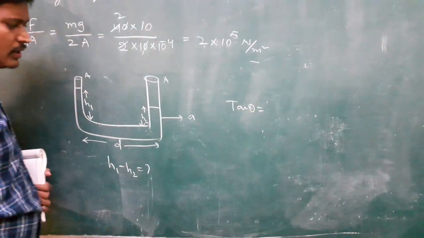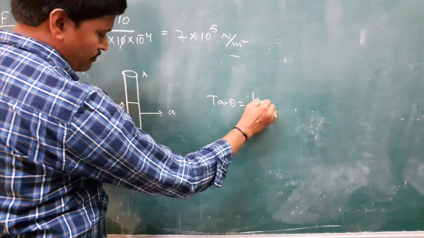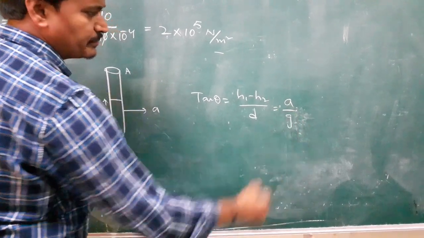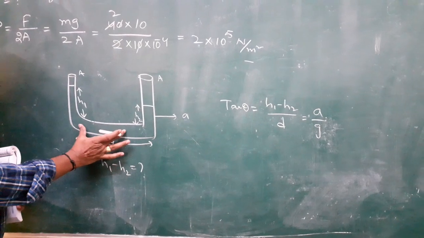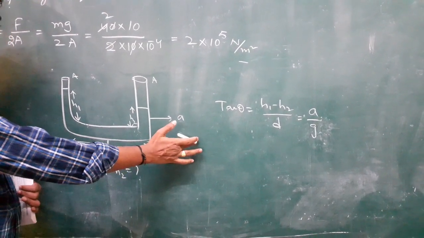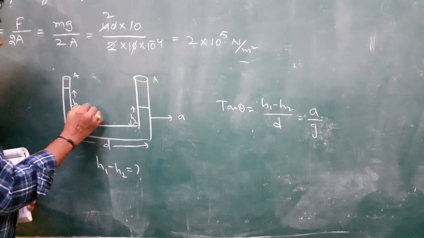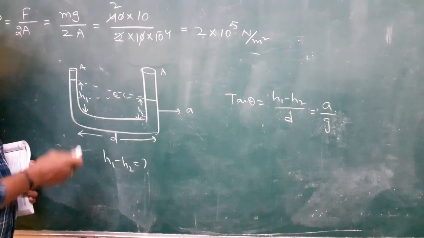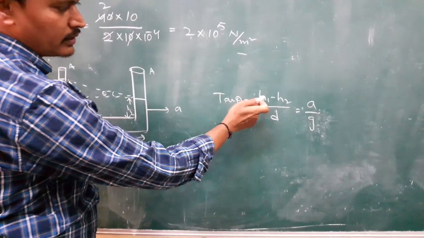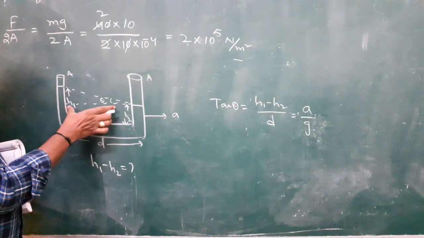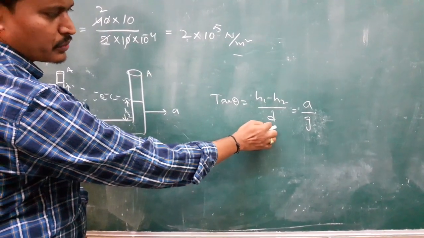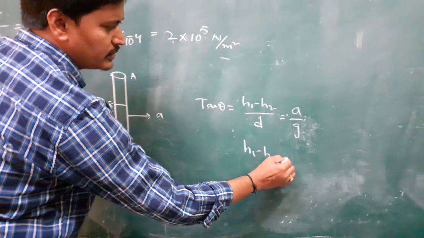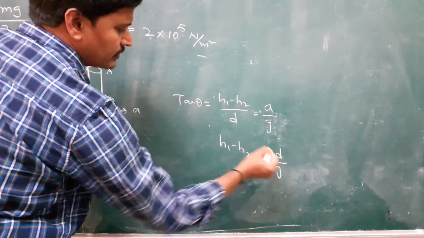The angle made by the liquid with the horizontal is theta. Tan theta is equal to opposite side by adjacent side, here h1 minus h2 divided by d, that is equal to a by g. Therefore h1 minus h2 is equal to a into d divided by g.